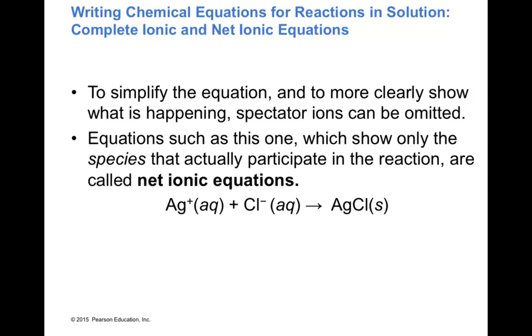The spectator ions, you need to eliminate them, okay? In the complete ionic equation, you're going to have all the ions that are present in the reaction, okay? But here, you're going to show just the ones that are part of the real reaction, that is the production of silver chloride. This is the reaction that is occurring in this equation, okay, under these conditions.